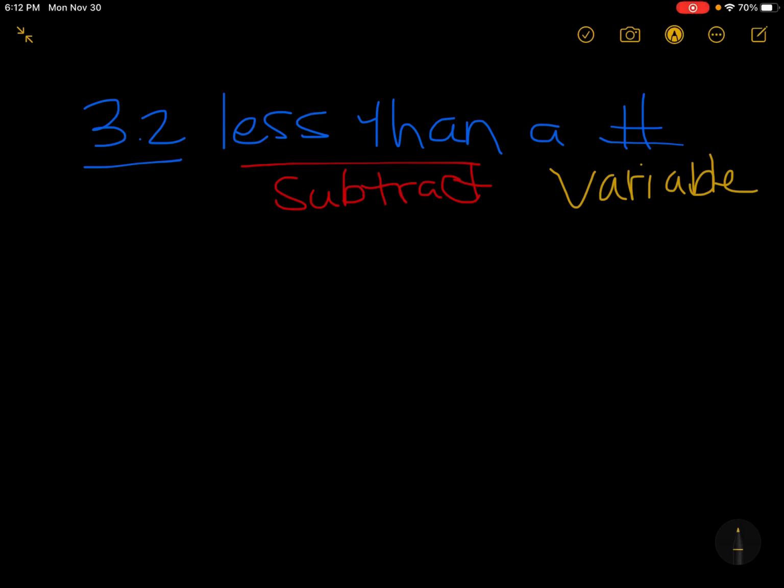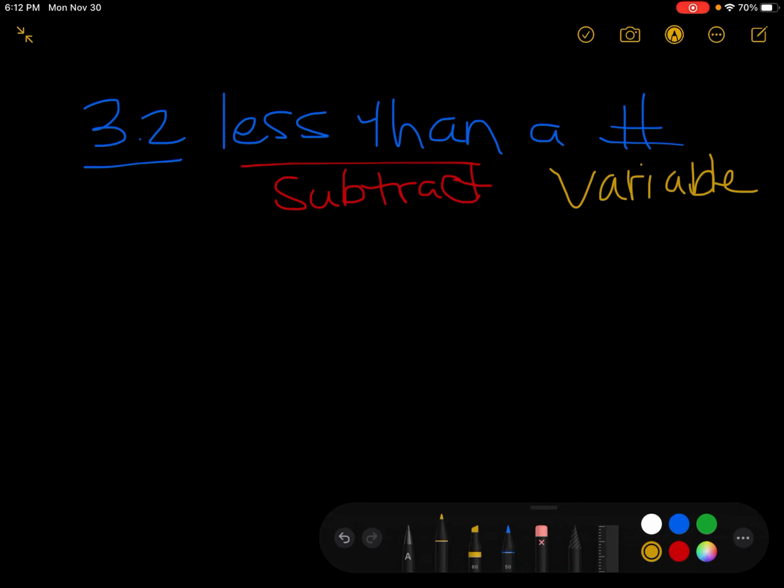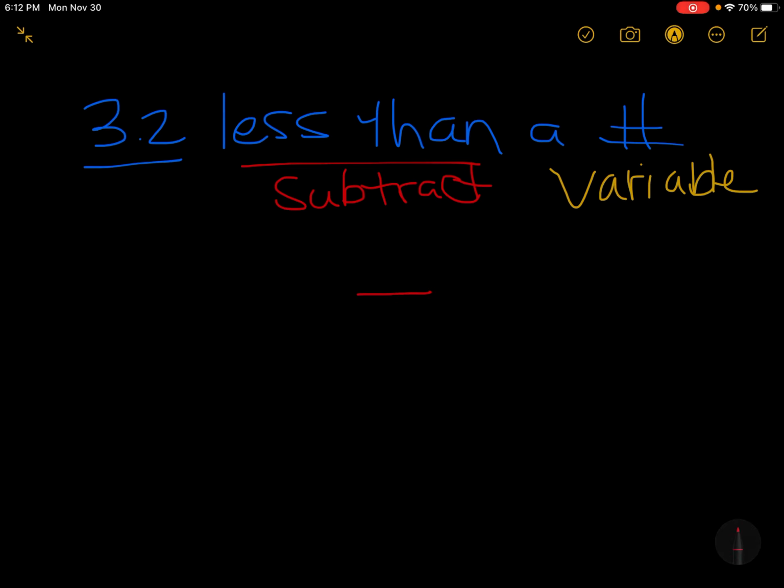So the first thing that translates really easy is the subtract. Less than is subtract. 3.2 less than means that you are subtracting 3.2 from something. Out of what's left in this expression, what could we subtract from? We could subtract from the variable.